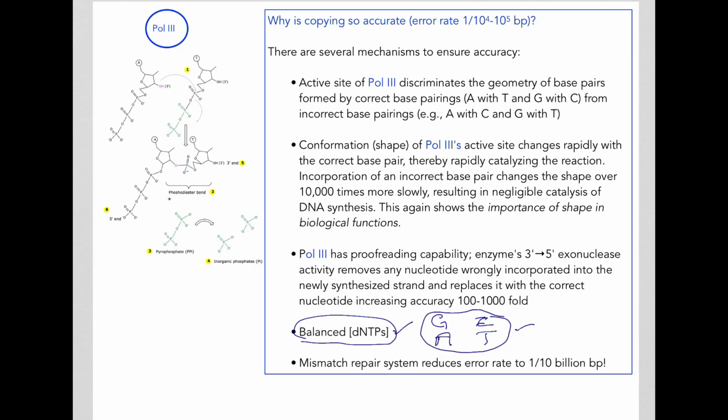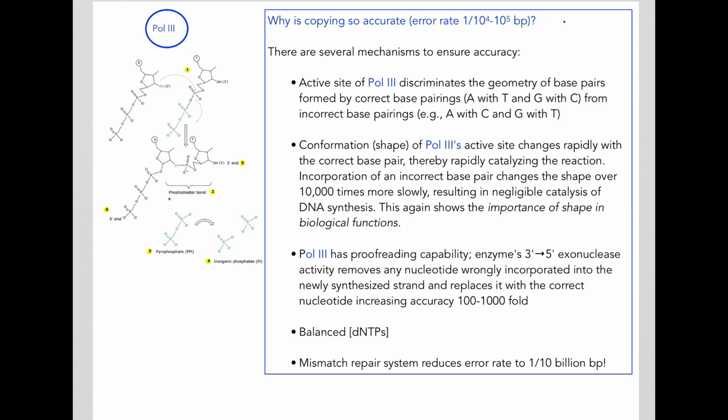In addition, there are DNA repair systems, such as the mismatch repair system, and these can also correct errors. In case there is an error, the mismatch repair system can correct it. And this system, you can see, can reduce the error rate to 1 in 10 billion base pairs.